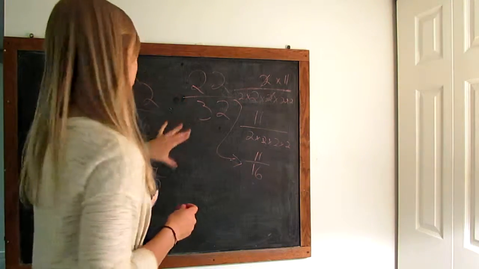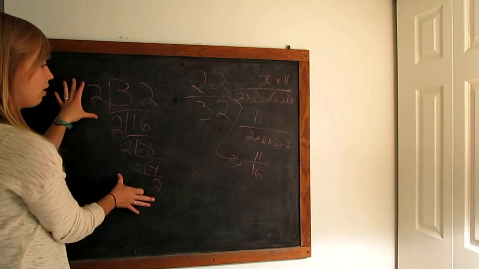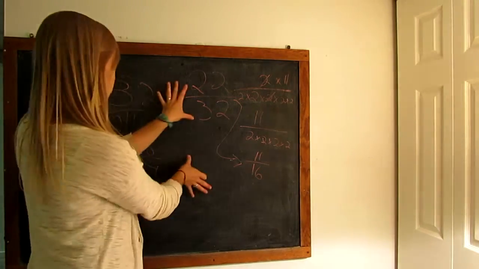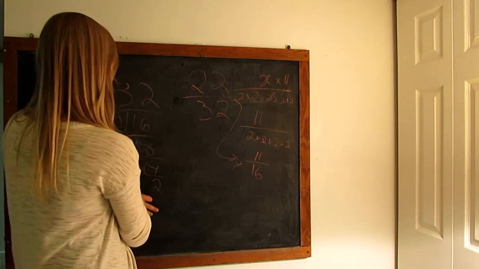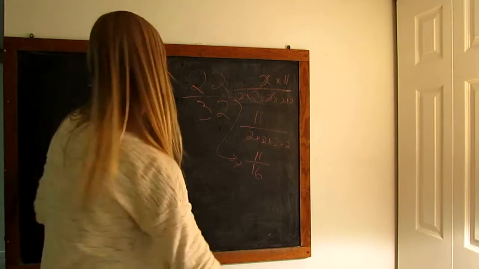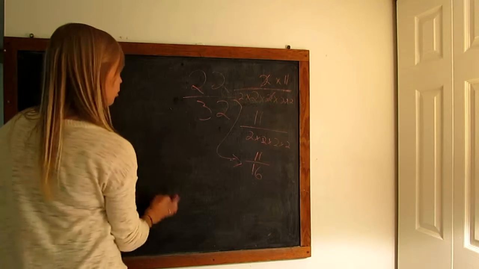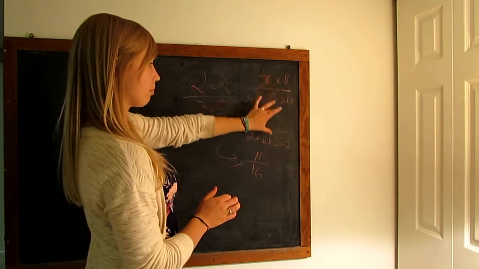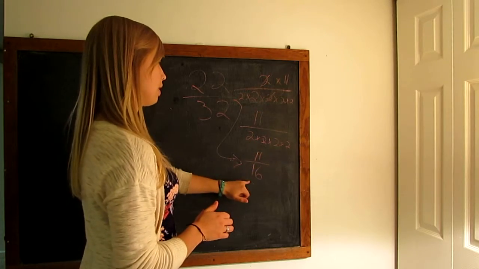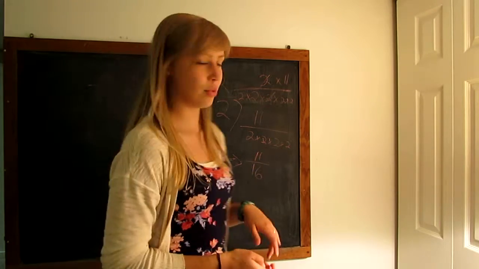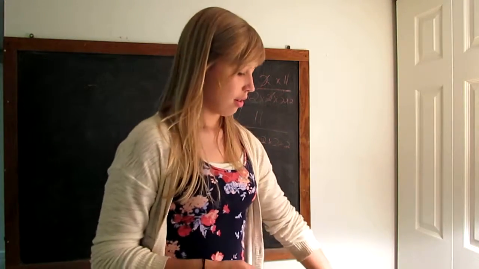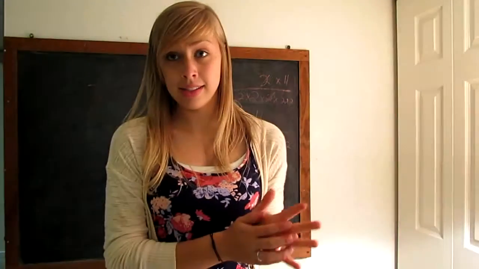And we knew that if we used these different factoring methods, the tree prime factoring or the division prime factoring method, that we could find the prime factors of these two numbers. And we knew that if we canceled out the common numbers amongst the two, we could simplify our fraction. And so that is one way that we can use prime factoring to simplify things when doing math.